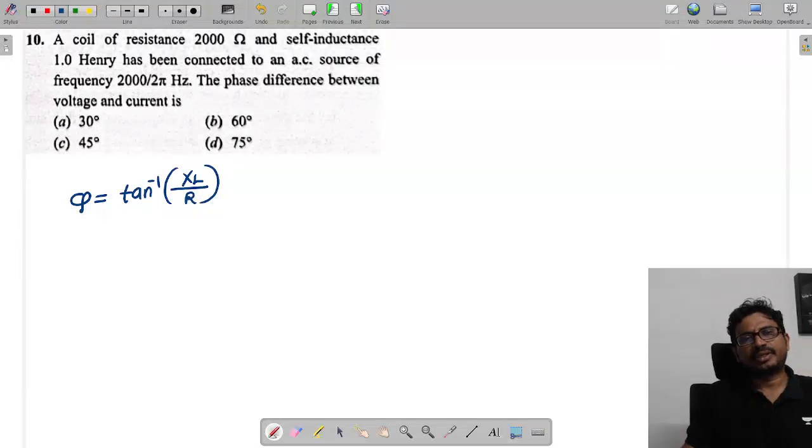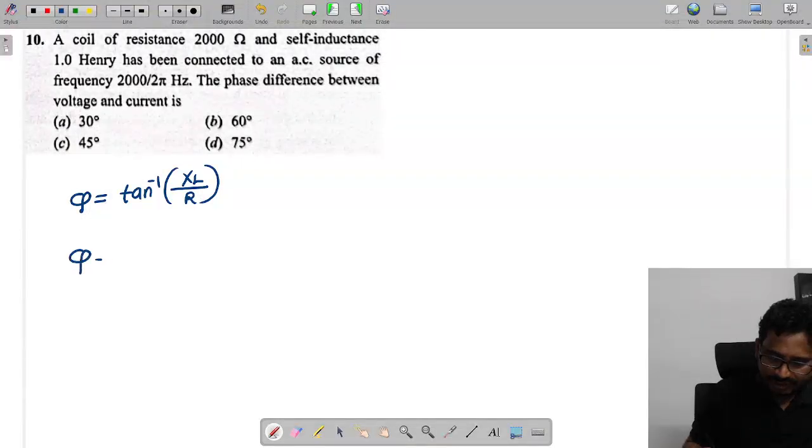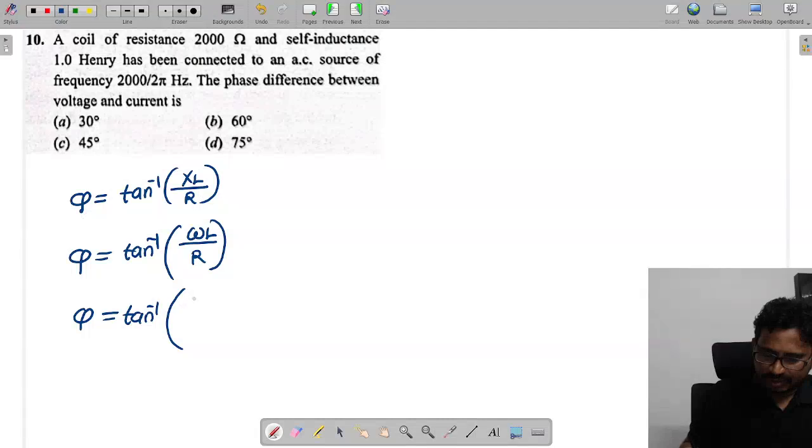So phi will come as tan inverse of XL, which is omega L, by R. Omega is 2 pi f, that is 2 pi into 2000 by 2 pi, L is given as 1, R is 2000.